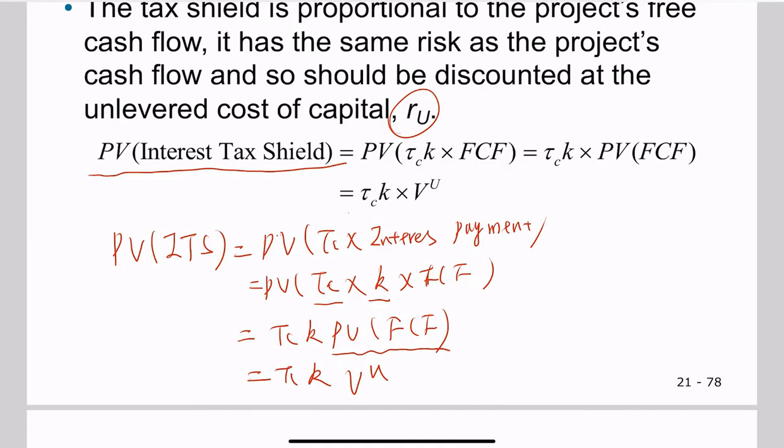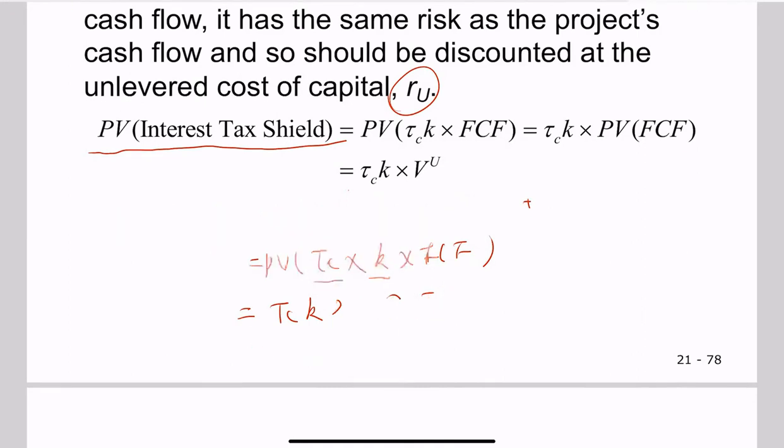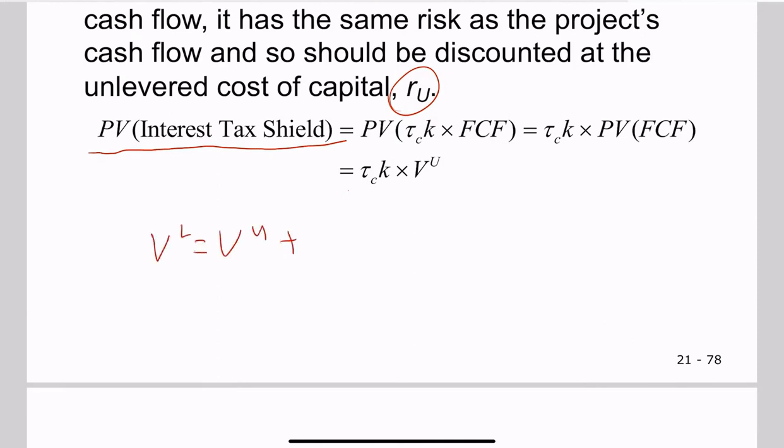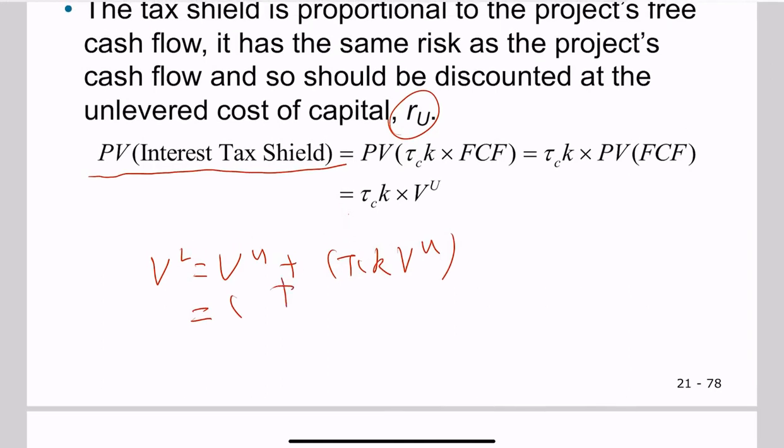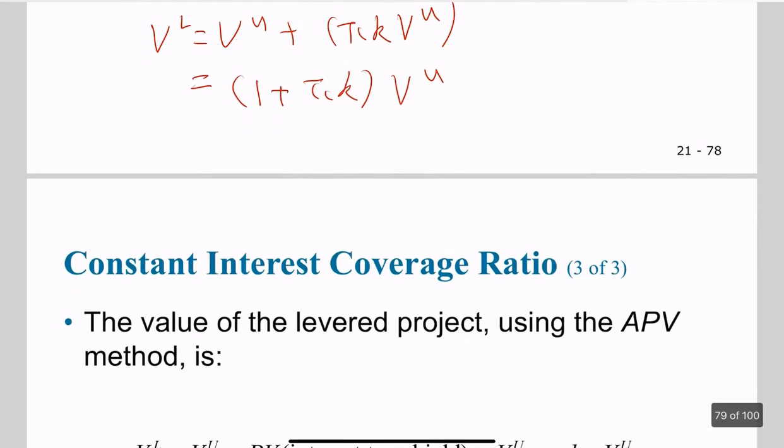And now you can see that this is really convenient because we know that the firm's levered value equals unlevered value plus the interest tax shield, right? Which means we will have this result. So 1 plus tau C times K times unlevered value, right? So you can see that this is a very nice and simple formula.